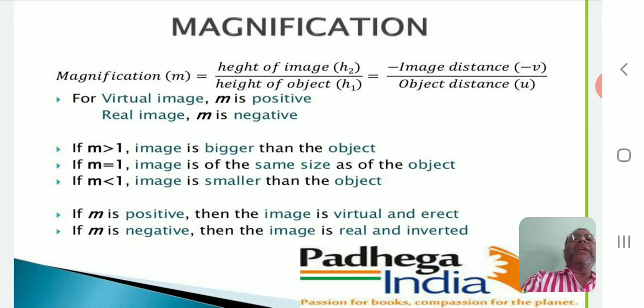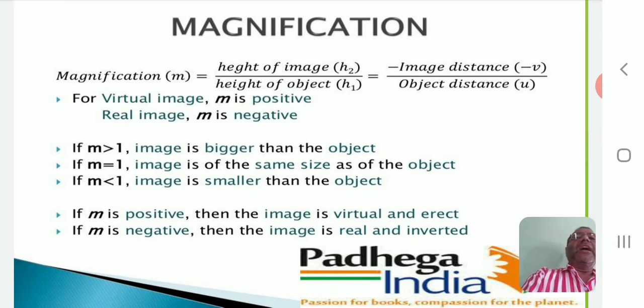All these things can be decided on the basis of this term, magnification. So its formula is as shown in this slide. There are two formulas: one in terms of height of image and height of object, and another in terms of distance of image and distance of object.